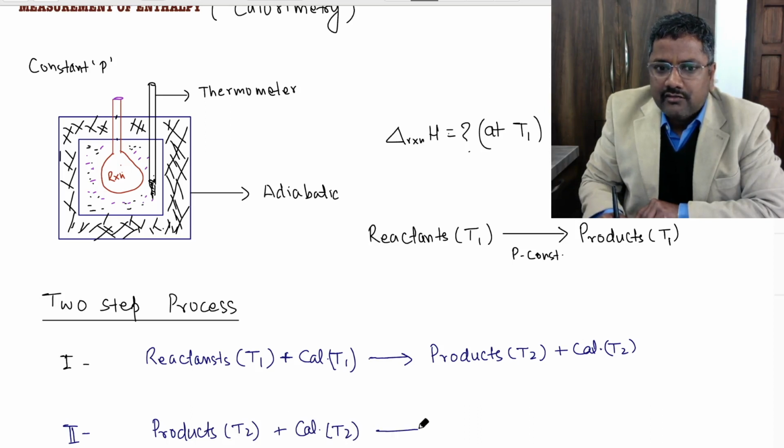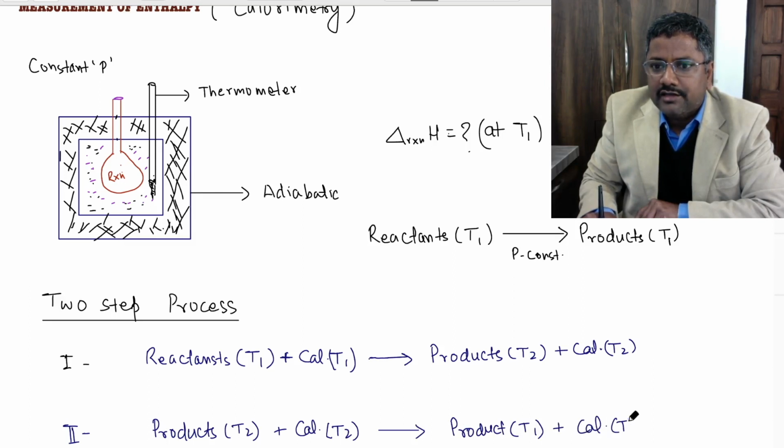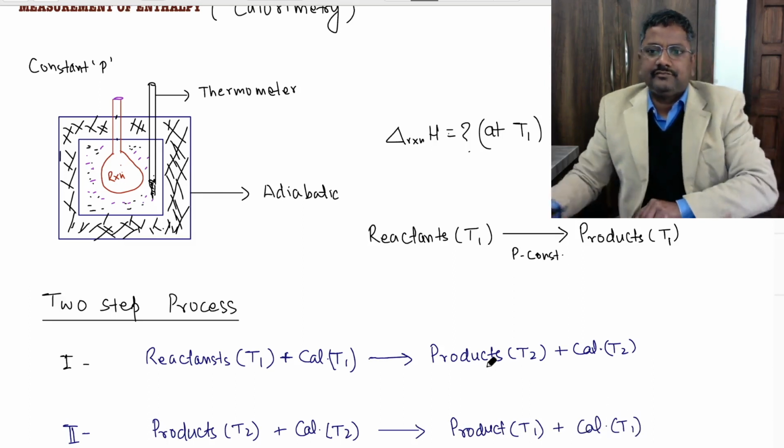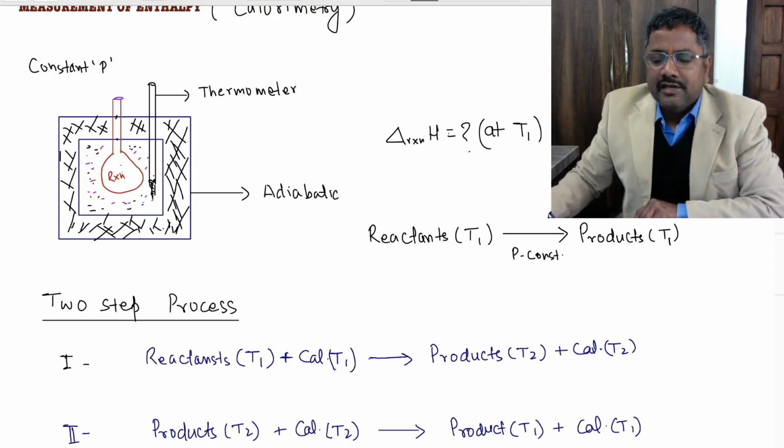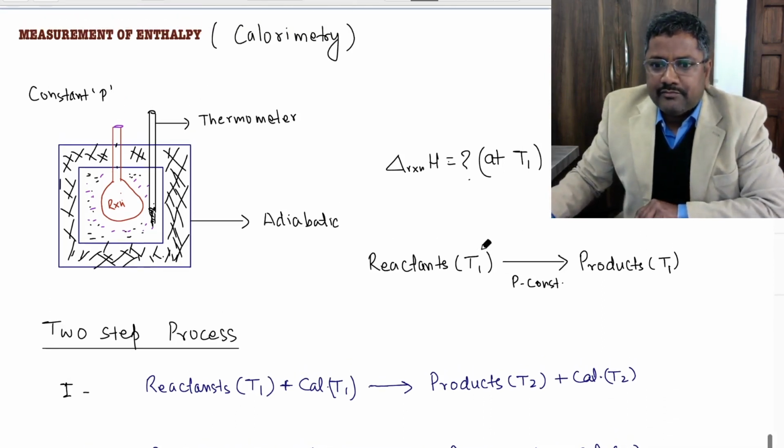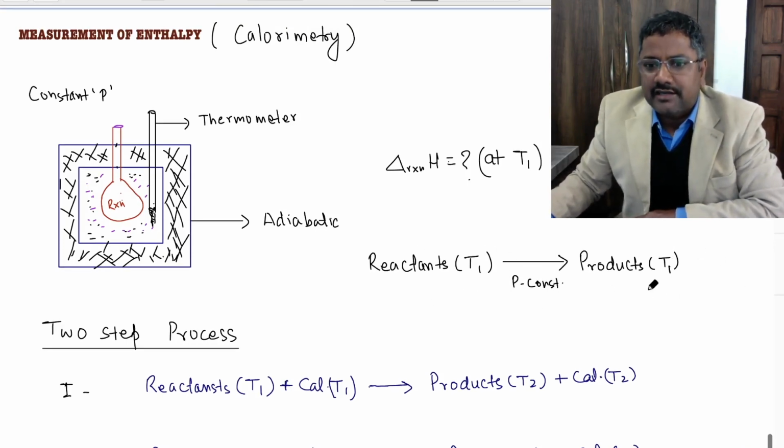Now we are converting this into products at T1 temperature plus calorimeter at T1 temperature. Now see, we have achieved it. The process seems very simple: reactants at T1 and products at T1.